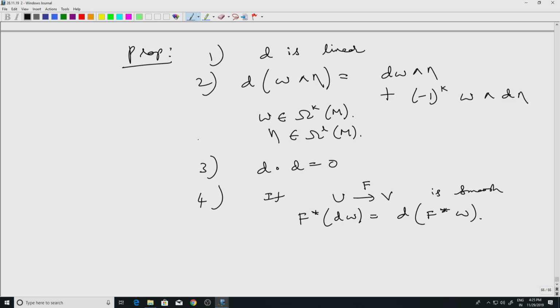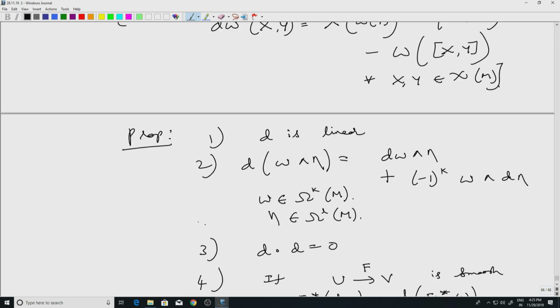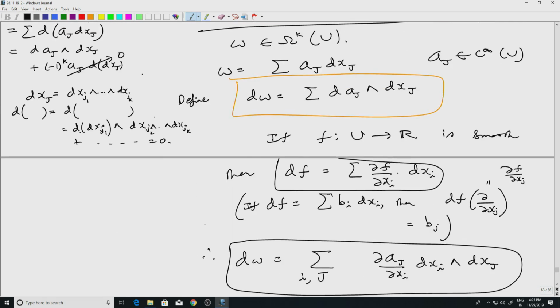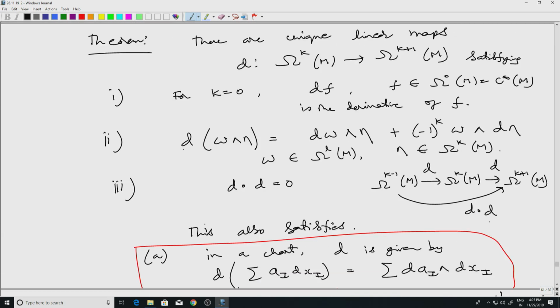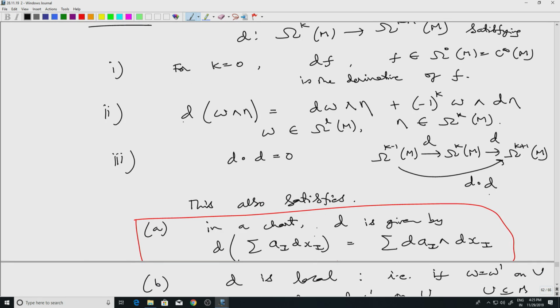So right, this is correct. So in the previous theorem, I think I interchanged the role of, so I should actually make a small change here. This is the other way around. So omega is a k form and eta is an l form.